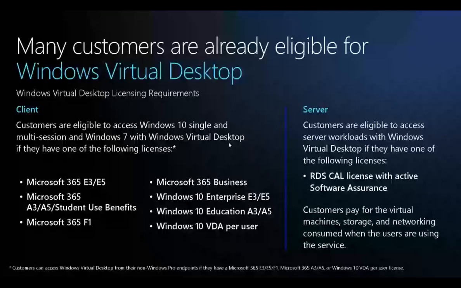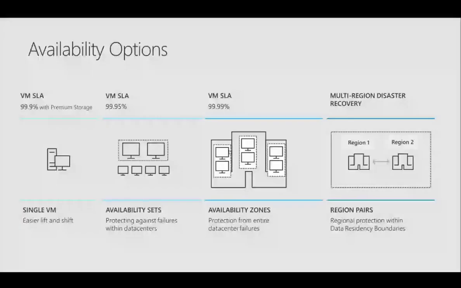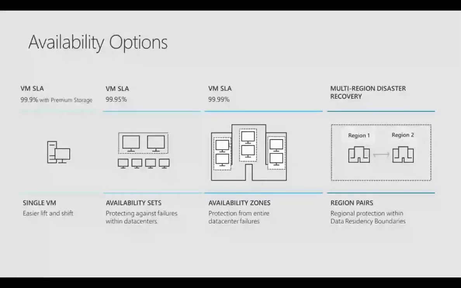It has got options for service level agreements to be met to assure you uptime like probably none other. You have an individual virtual machine SLA for up to 99.9%. You have a cluster SLA for 99.95%, and you have a spanned environment SLA of 99.99%.